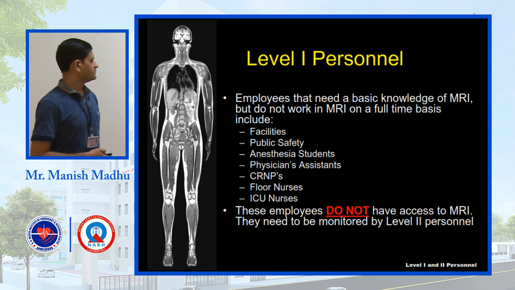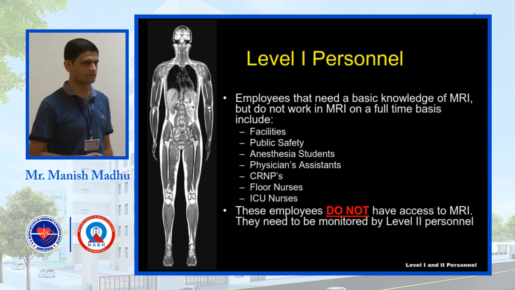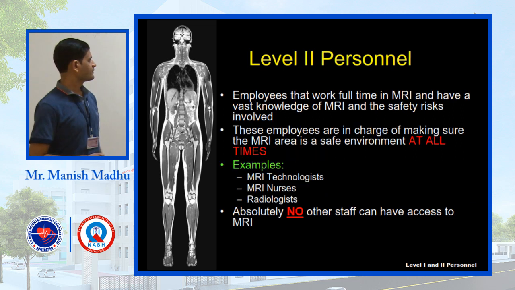These employees do not have access to MRI. They need to be monitored by level 2 personnel. So these people are not allowed access to MRI. Level 2 personnel are employees that work full time in MRI and have a vast knowledge of MRI and the safety risks involved.